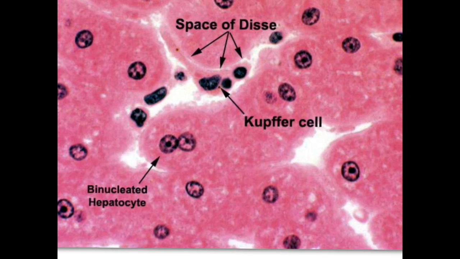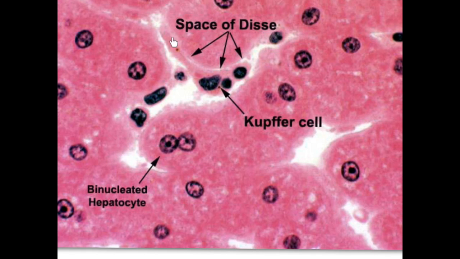But here you will see these are the blood sinusoids, lined by the von Kupffer cell, which is a large branched cell. This is the nucleus of the von Kupffer cell here, as it originates from a monocyte, so it has a large, more or less irregular nucleus.